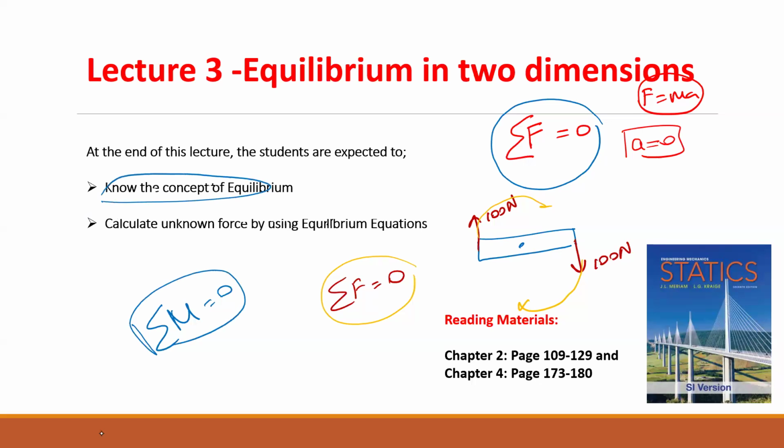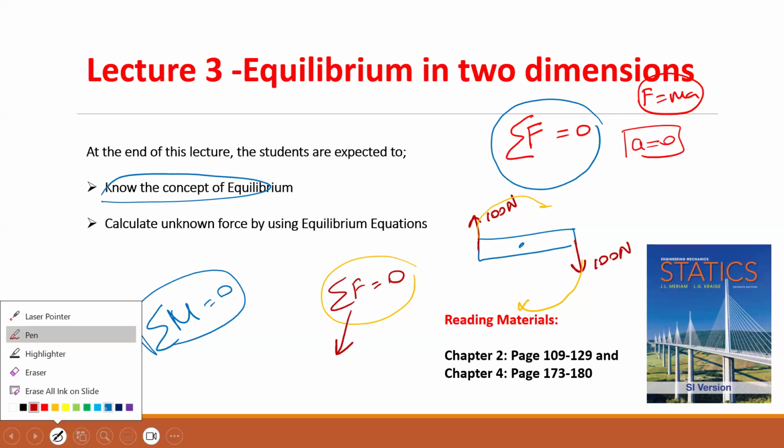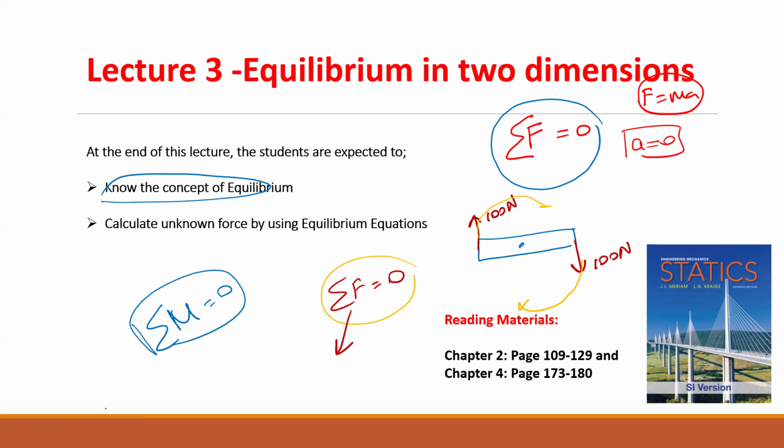And also, we can now divide forces into 2 perpendicular directions. When you add all the x components together, that should be equal to 0. When we consider all the y components together, it should also be equal to 0.